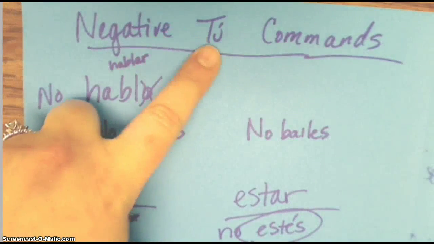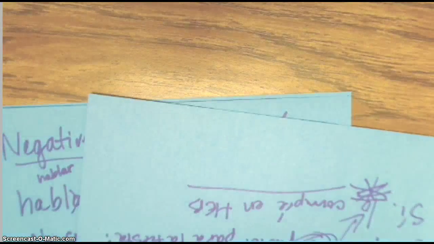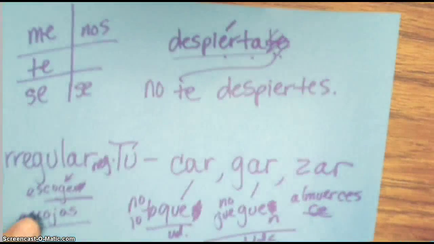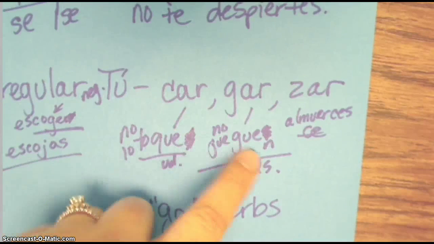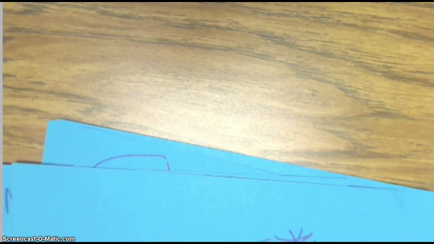So that's my tú commands. Again, for usted and ustedes, all I have to do now is take off the S on the end of what I did and either leave it that way for usted or add an N for ustedes.